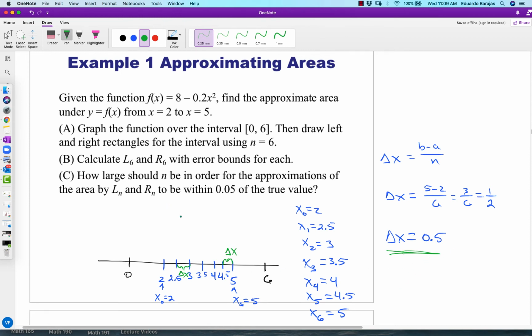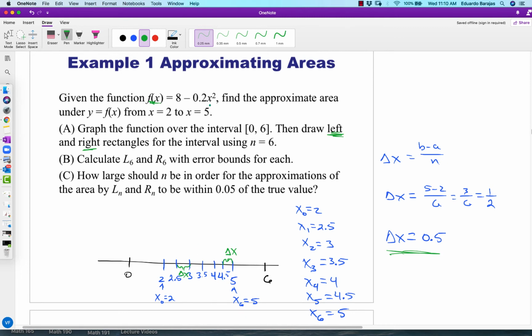Now we're going to create rectangles, and the heights of those rectangles will depend upon the rule we use. So we're going to use the left. We're going to draw rectangles using the left rule, and we're going to draw rectangles using the right rule. And so we're going to evaluate the function at all the left end points to create the left rectangles, and all the right ones to create the right ones.